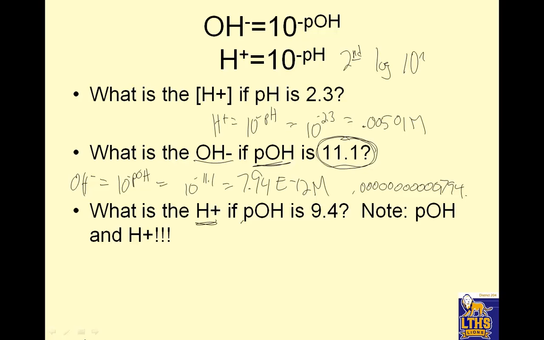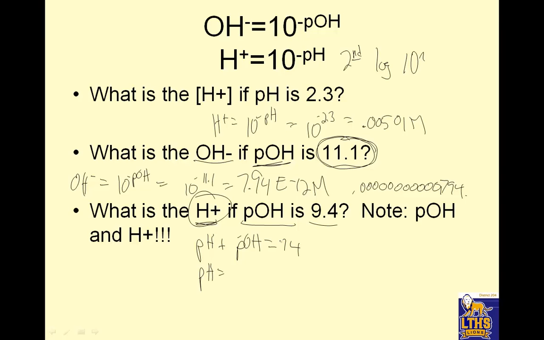What is the H positive if pOH is 9.4? Okay, so the first thing I'm going to have to find is OH negative. Well, actually, pOH is 9.4 and I'm looking for H positive. What I would do is pH plus pOH equals 14.